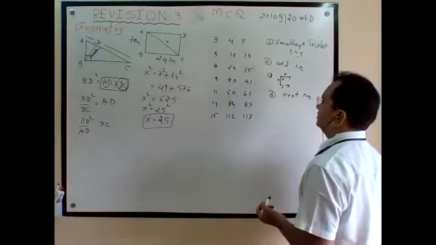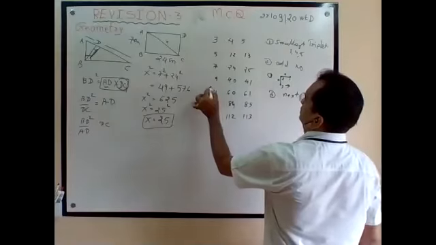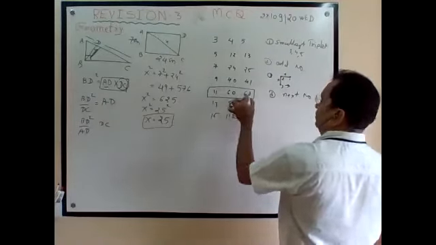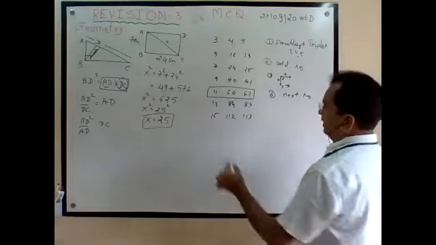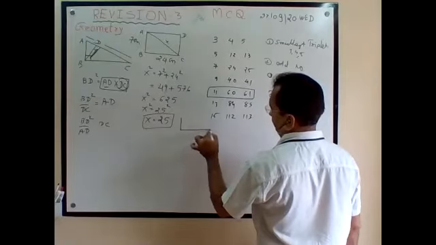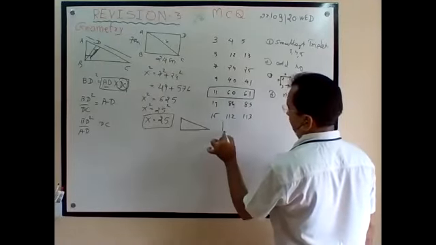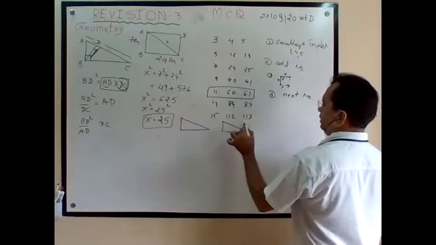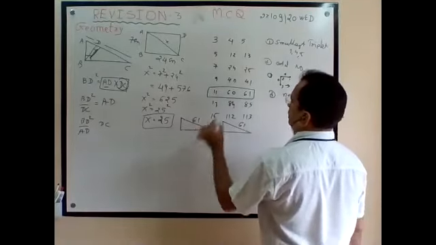I will select this, for example, the middle one, where the hypotenuse is given, that I am teaching. Both times 61 is given.